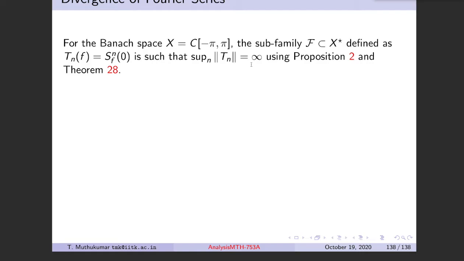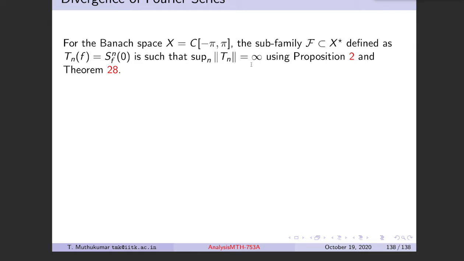Okay, so we have already done what is called the Baire category theorem. When we did the Baire category theorem, we had also done the uniform boundedness principle, and the vector space version of that is what is called the Banach-Steinhaus theorem, right?